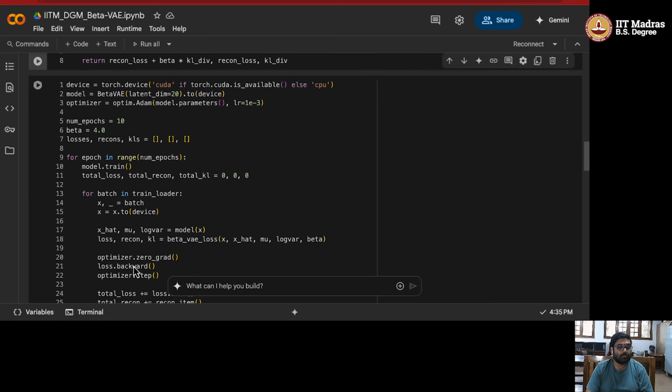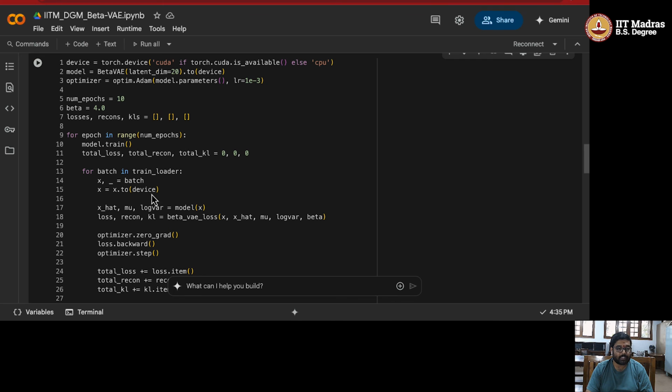So now let's look at the training procedure. For the number of epochs, you just iterate. You take a batch, take X, and port it onto the device. You send it through the model. Now the model is nothing but all the three blocks: your encoder, reparameterization, and decoder. You pass it through, and you get your X hat as well as mu and sigma.